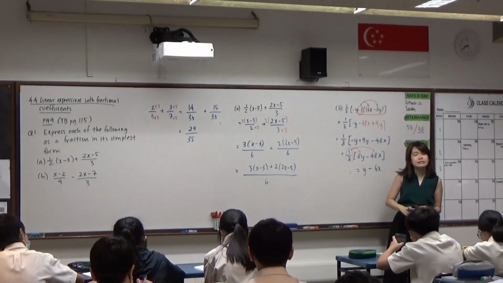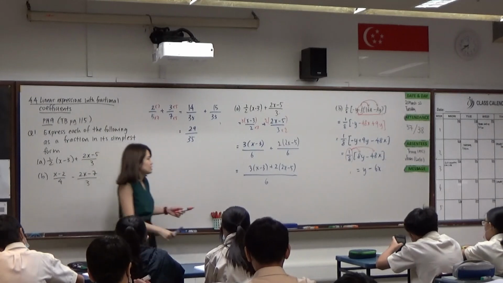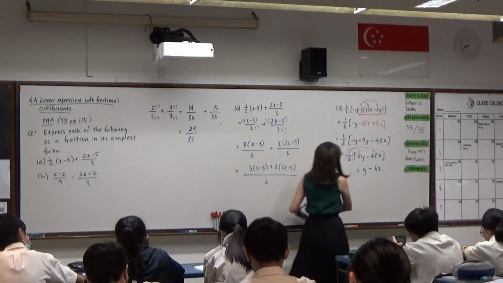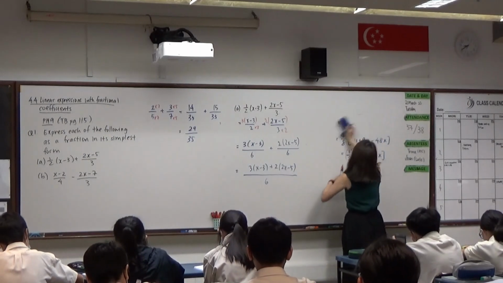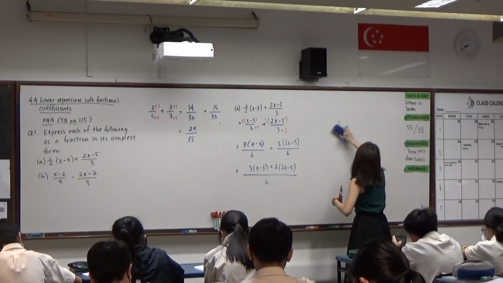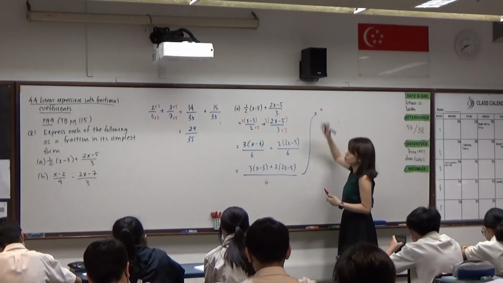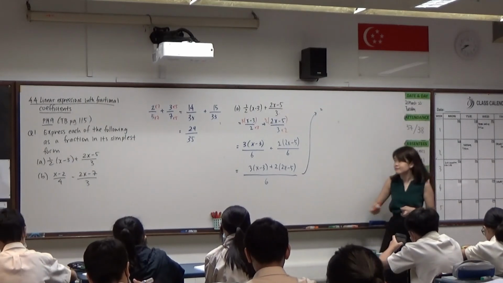But I still need to simplify it because the question wants it in its simplest form. In this case, we could simplify the numerator. And to do so, we need to do our expansion.